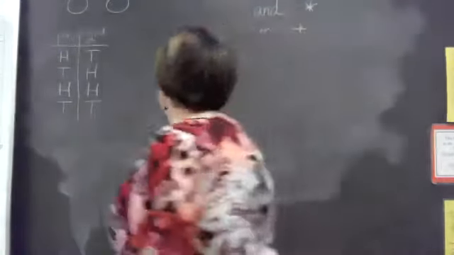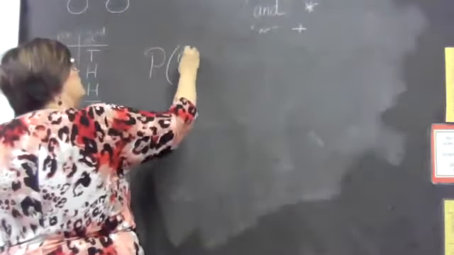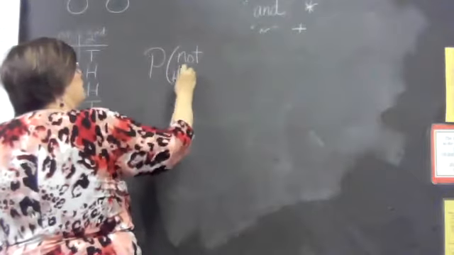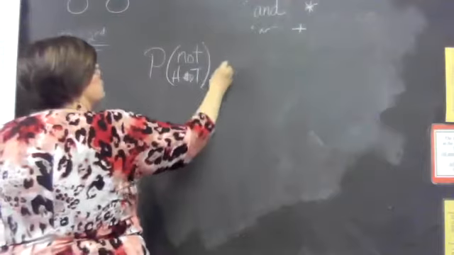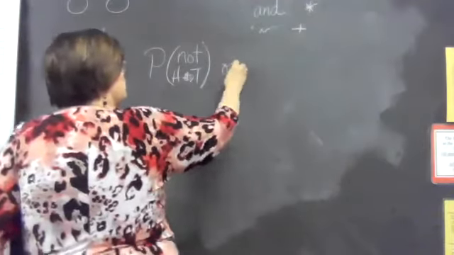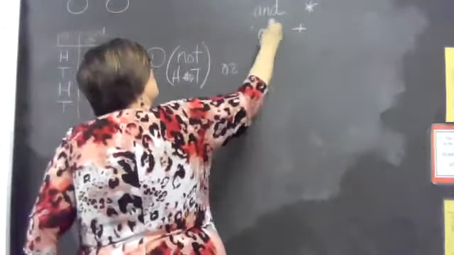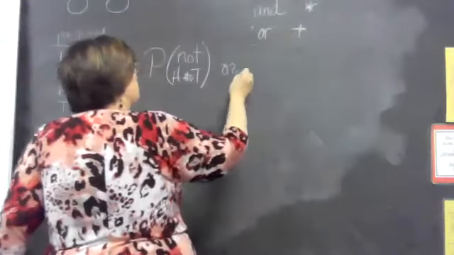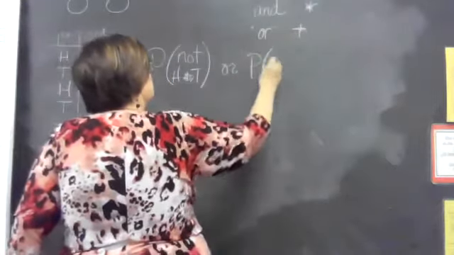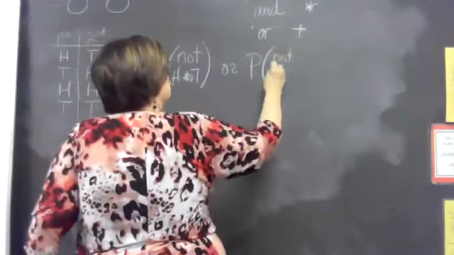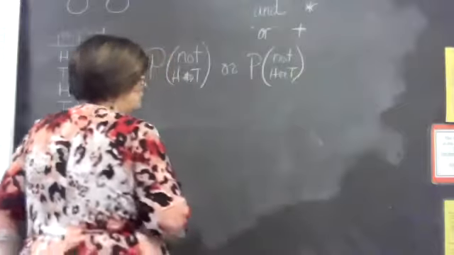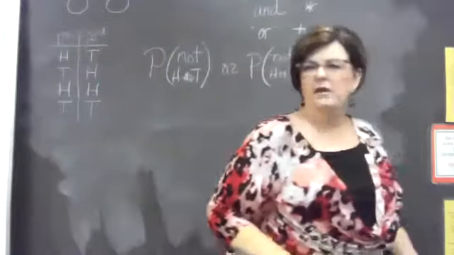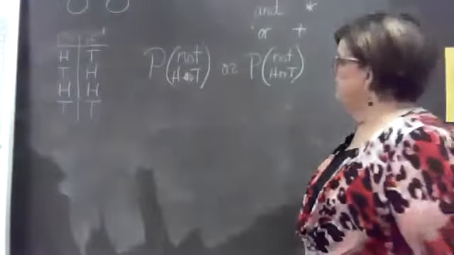But you can also say, what's the probability of not heads or tails, and then it says or, so that's going to be a plus, and then the probability of not heads or tails when you do the second one. The nots, you kind of have to think about it when it says not something.